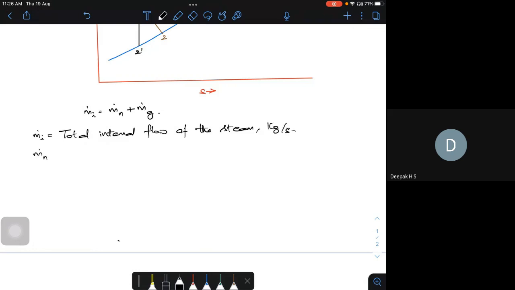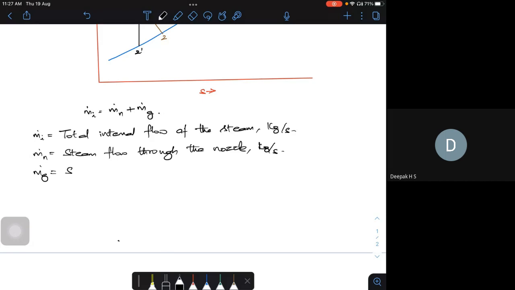There is the nozzle flow, that is steam flow through the nozzle, in kg per second, and the glands in the nozzle. These glands are supporting elements within your stator, so there may be some retention of steam in them.